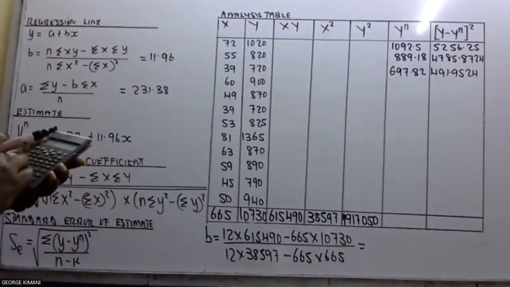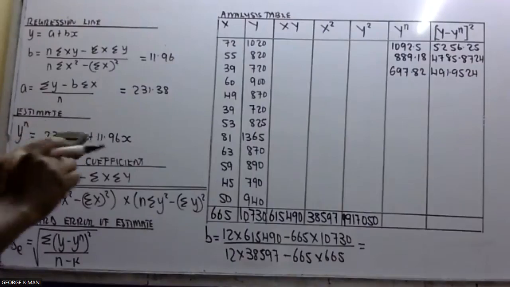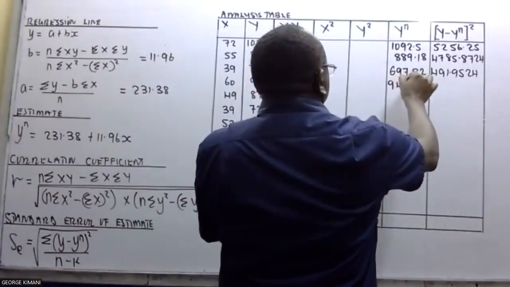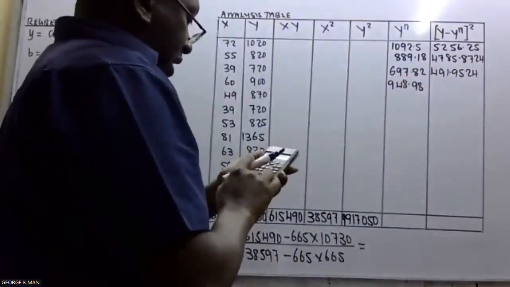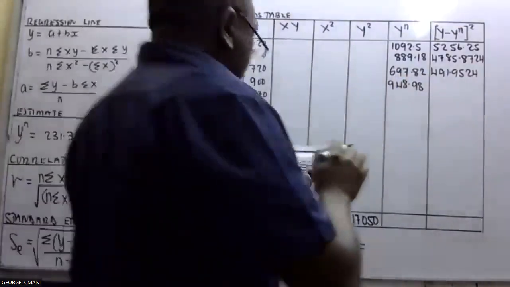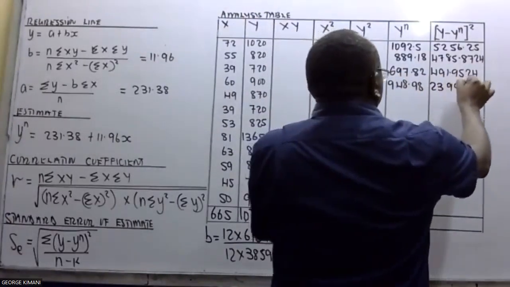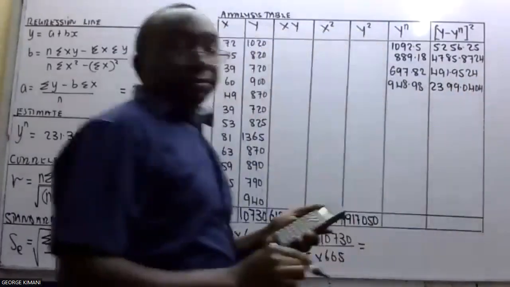Then 231.38 plus 11.96 times 60 is 948.98. So 900 minus the answer, you square, is 2399.0404.